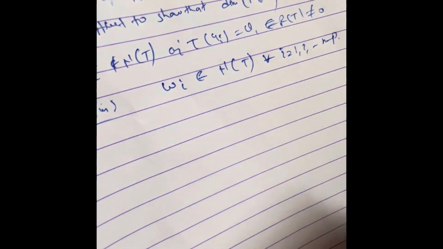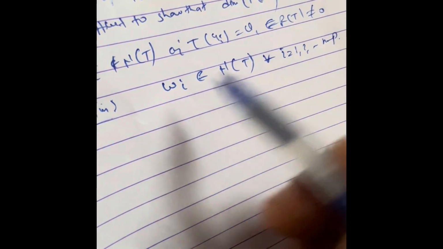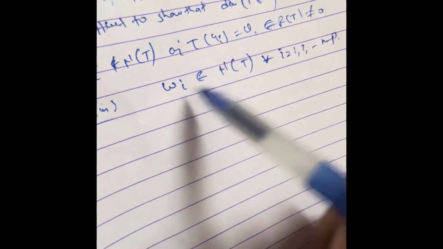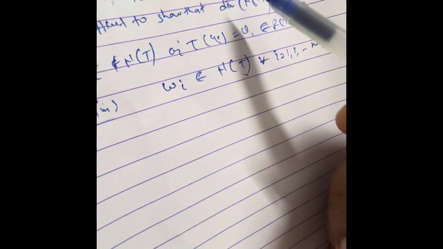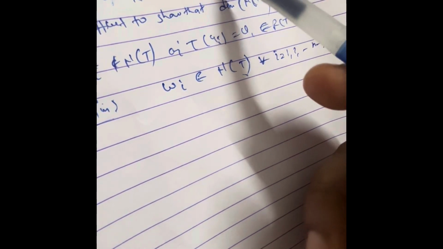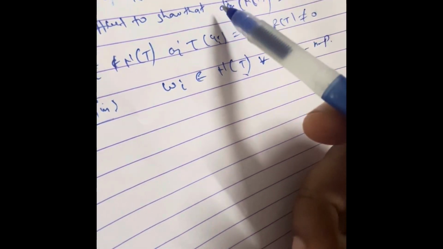Okay, so if we show this, then we are done, because we have n minus p vectors, all belonging to N(T). So therefore this is the basis, and we cannot get anything more than that.